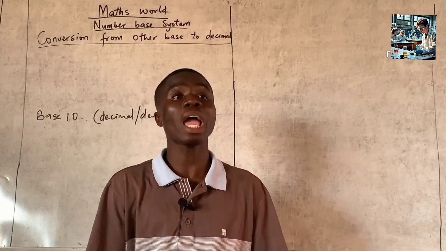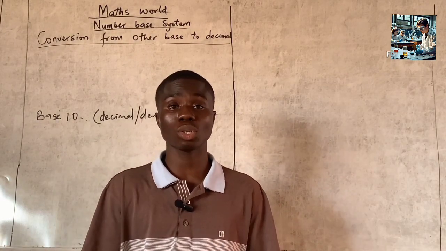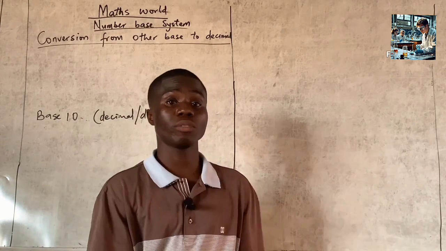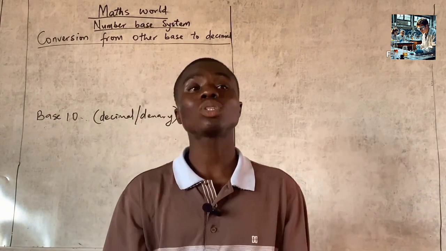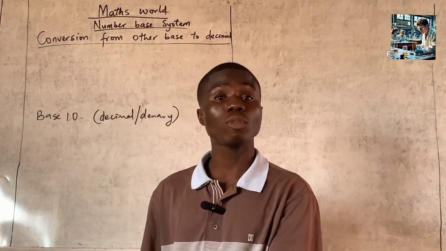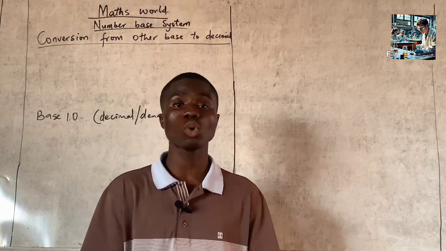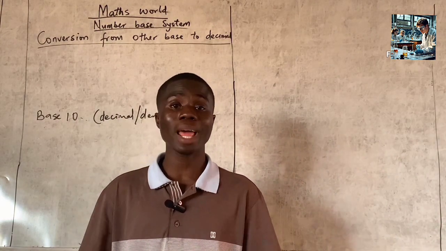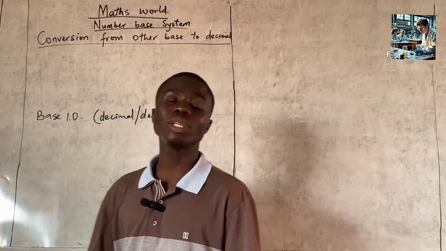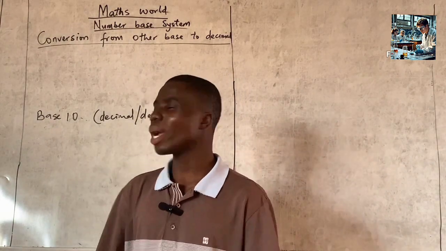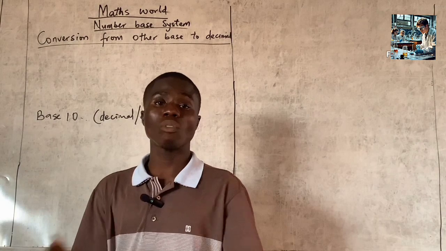All the math questions you have been solving are in base 10. Maybe 2 times 2 is 4, 2 times 7 is 14. Whether you are dividing, adding, subtracting or multiplying, anything you are doing is in base 10. Do you understand? That's why they choose base 10.